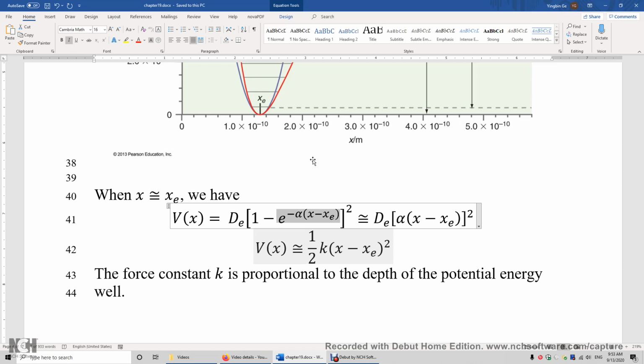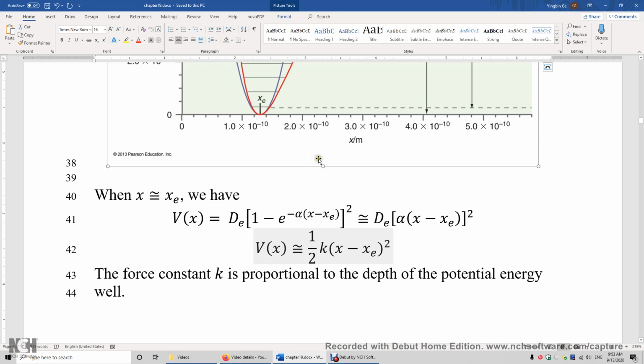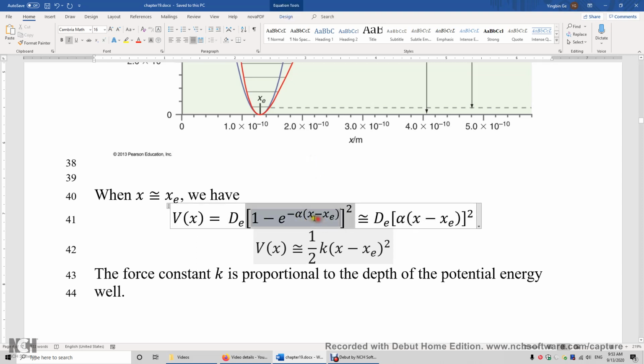So if I do that here, and if I neglect the terms with very high powers, again, if x is very close to x sub e, then this guy squared or this guy cubed are really small. So I'm going to keep only two terms of the Maclaurin series of this function, which is going to be 1 minus alpha times the displacement.